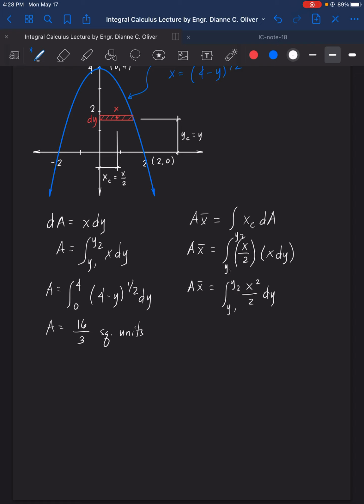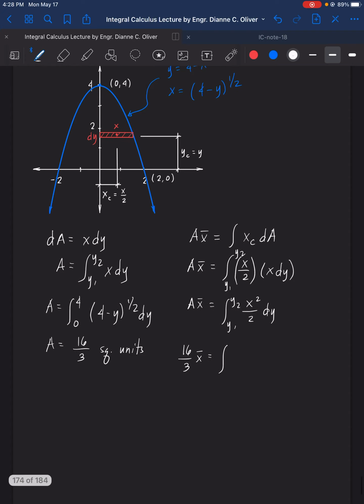Next, we have the value for area, 16/3 x bar is equal to integral of the value for x. So actually, x squared is equal to 4 minus y.